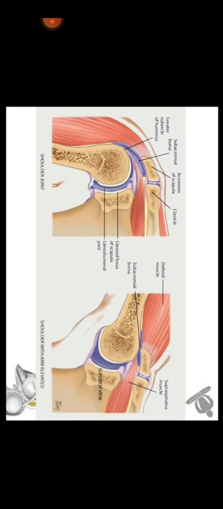Pain gets elicited. It is usually localized, superolateral in the shoulder joint, just lateral or anterior to the acromion process.